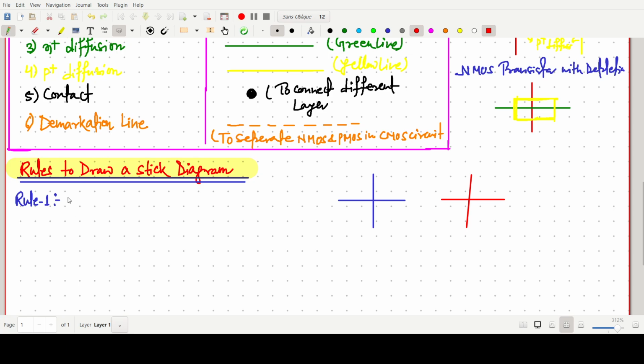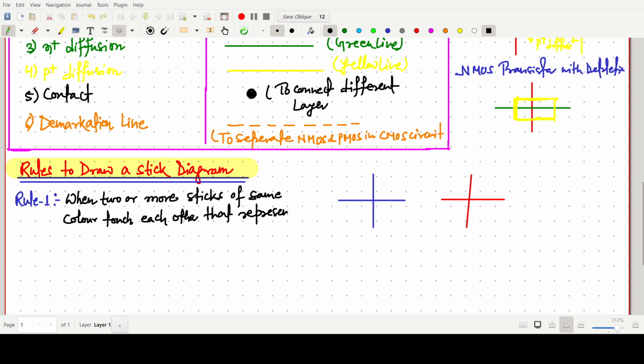So rule one: when two or more sticks of the same color touch each other, that represents electrical contact.